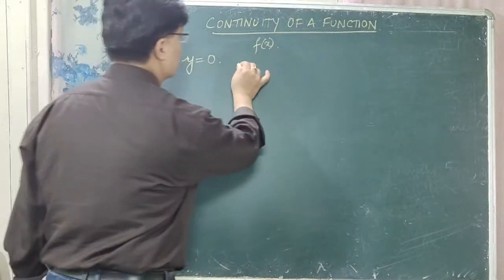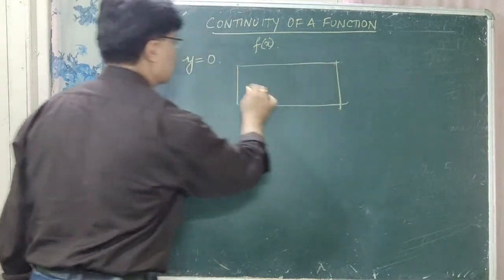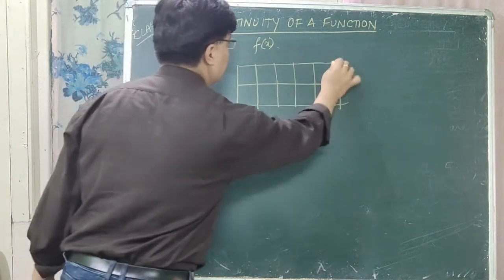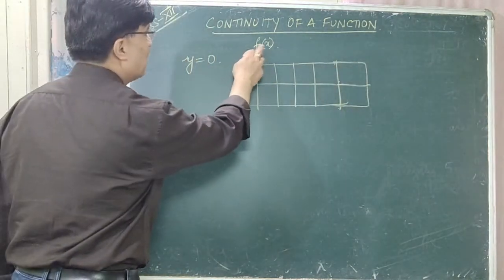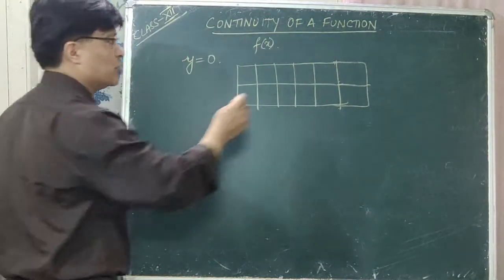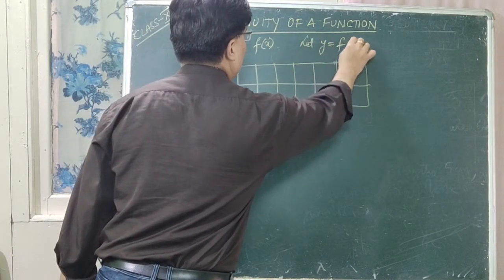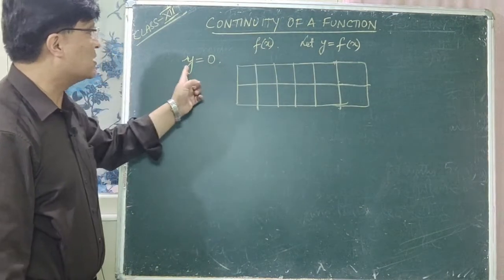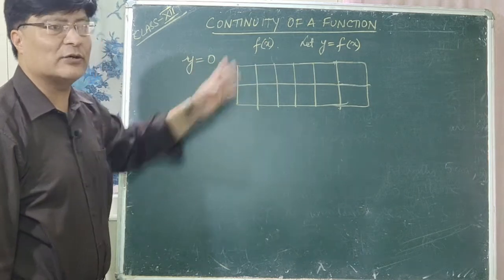We can draw the table here. Draw the table first for y is equal to 0, and this f of x can be written as y also. Let y is equal to f of x, and here f of x is equal to 0. f of x is equal to 0 means y is equal to 0.